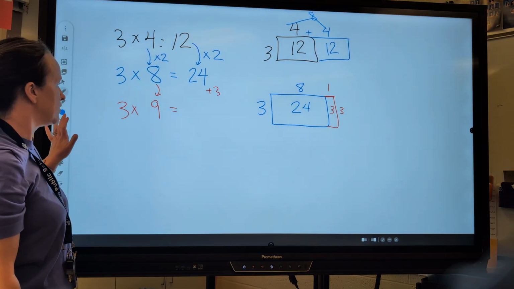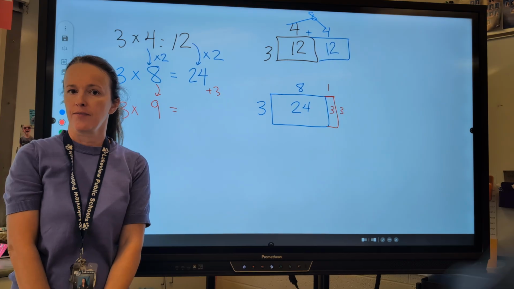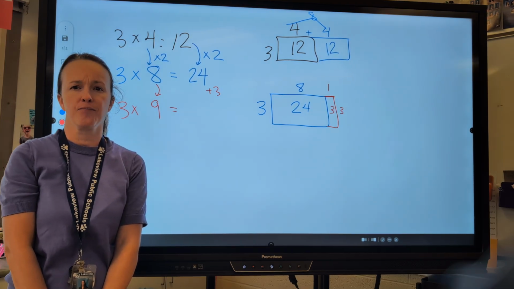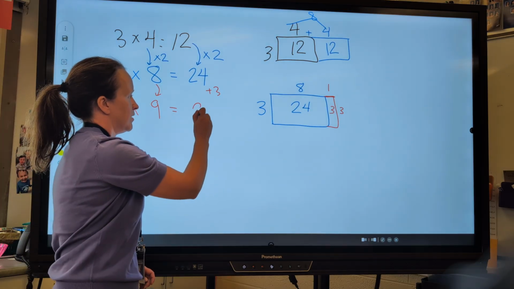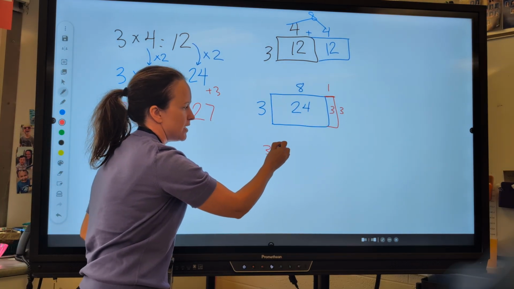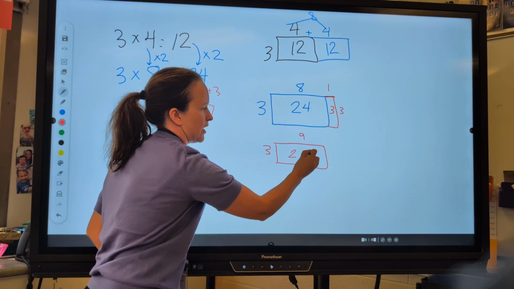Give me a thumbs up when you added 3 to 24. 24 plus 3 is what, everyone? 27. So that means now I know 3 times 9 is 27.